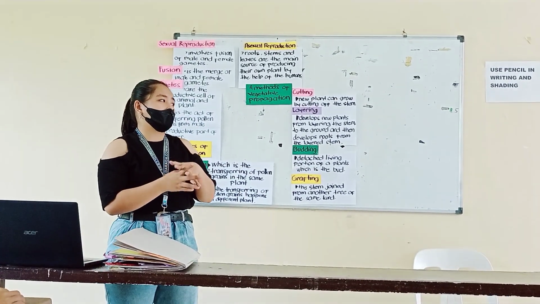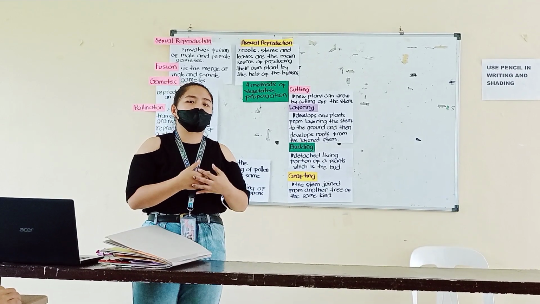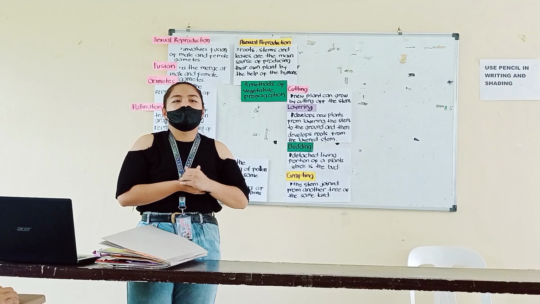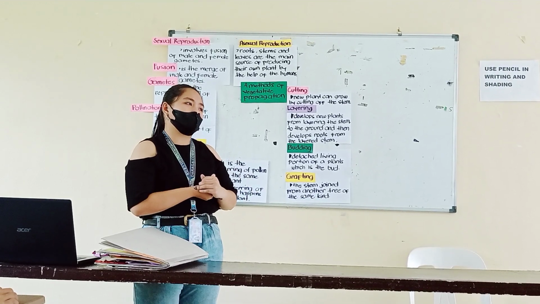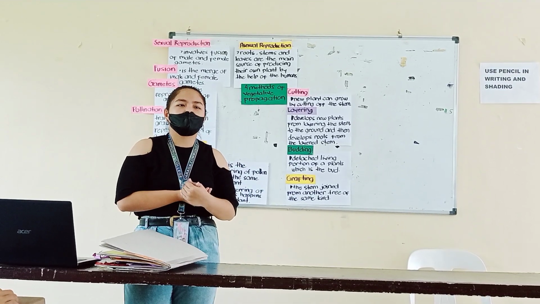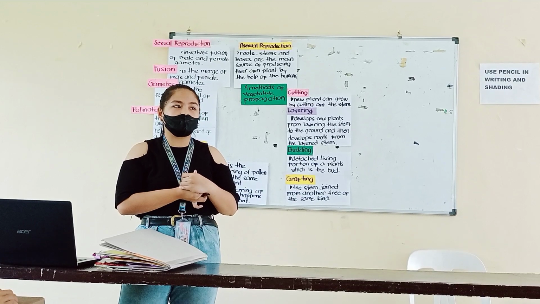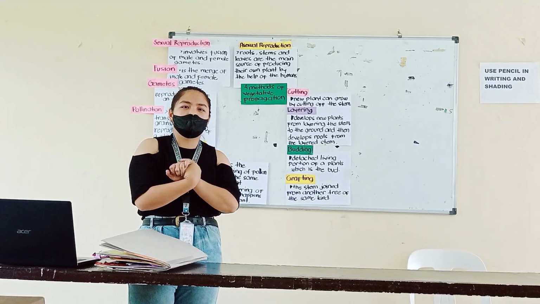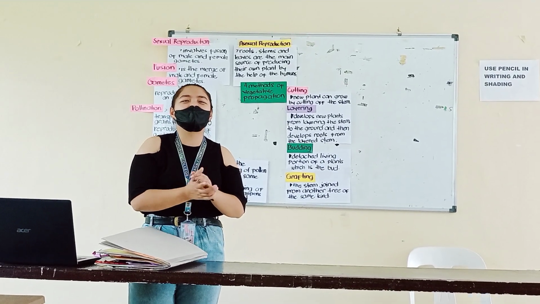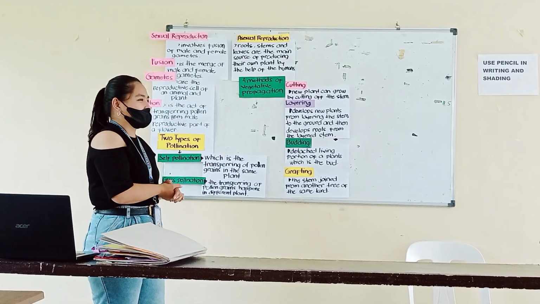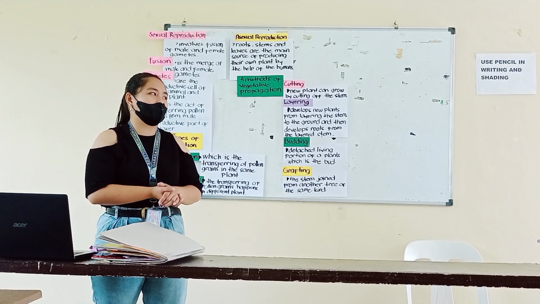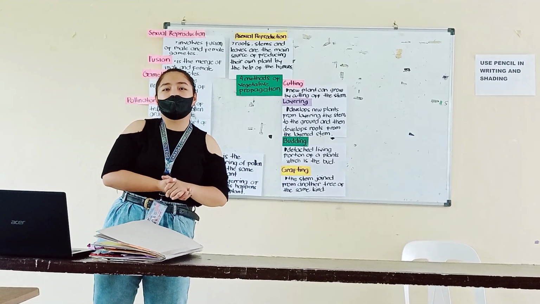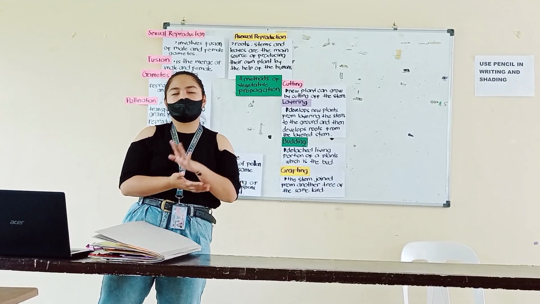What plant will be the example for sexual reproduction? Say for example, we have flowering plants. What specific plant do you want to give as an example? Okay, gumamela. That's right. Gumamela is always used as an example of sexual reproduction.